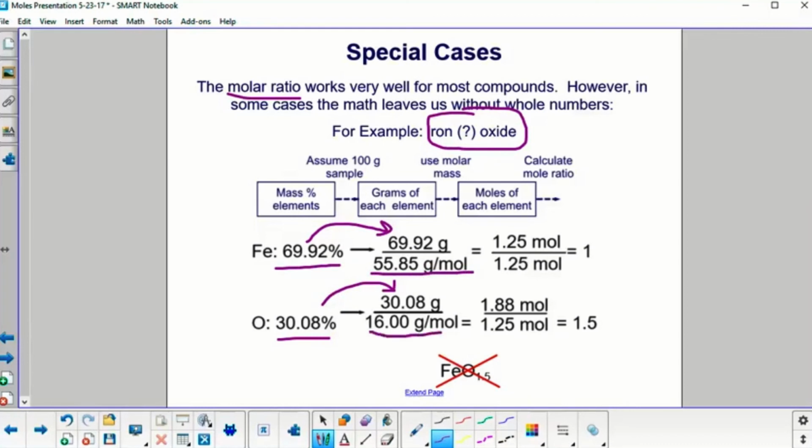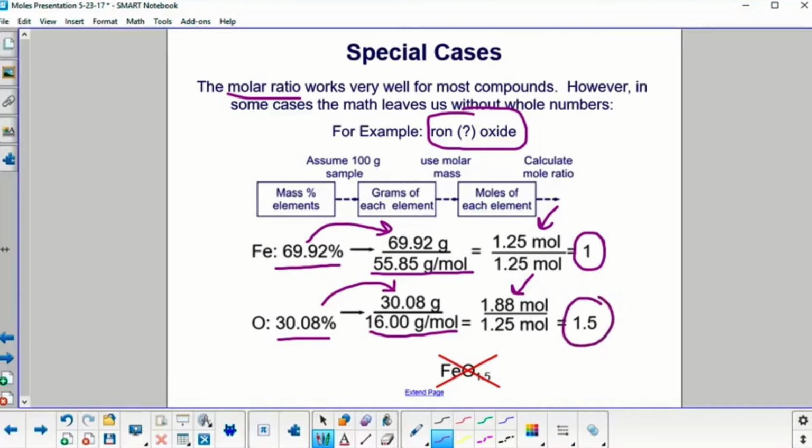Oxygen, 16 grams per mole. And we get 1.25 and 1.88. Who's smaller? Well, 1.25, so we divide both of these by 1.25, and you can see how we've even shortened this process from the last example. And we find iron is 1 and oxygen is 1.5.